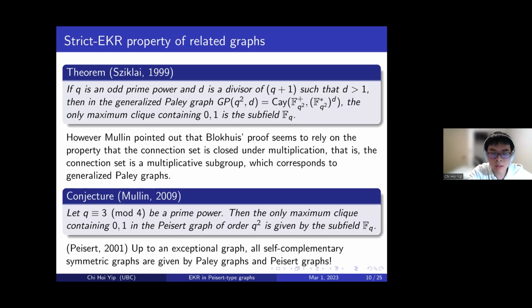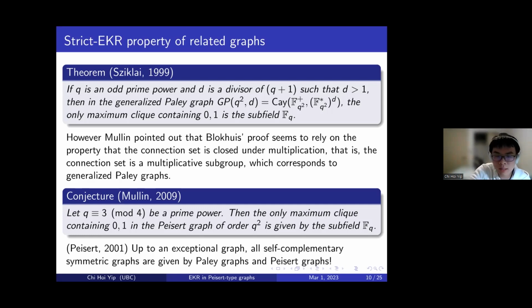So if we know the EKR theorem for Paley graphs holds, then it's natural to expect that the EKR theorem for Peisert graphs also holds. And apart from the reason I just mentioned, Paley graphs and Peisert graphs are themselves very similar. For example, they are both conference graphs, meaning that they have the same spectrum, assuming that the orders of the graphs are the same.